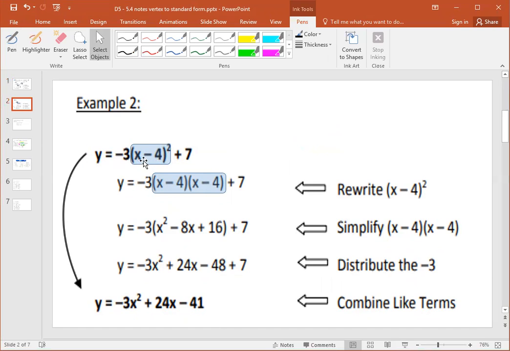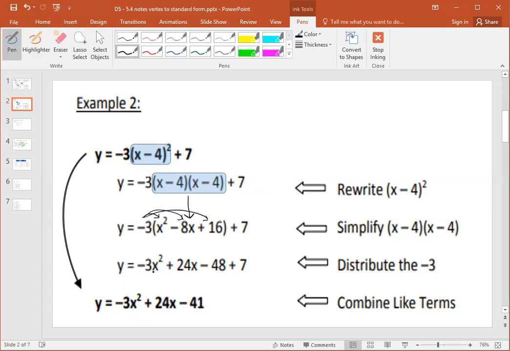The first thing I'm going to do is rewrite this x minus 4 and put it 2 times since it was squared. Then I'm going to multiply this together, and that becomes x squared minus 8x plus 16. Then we're going to distribute the -3 to each of those terms.